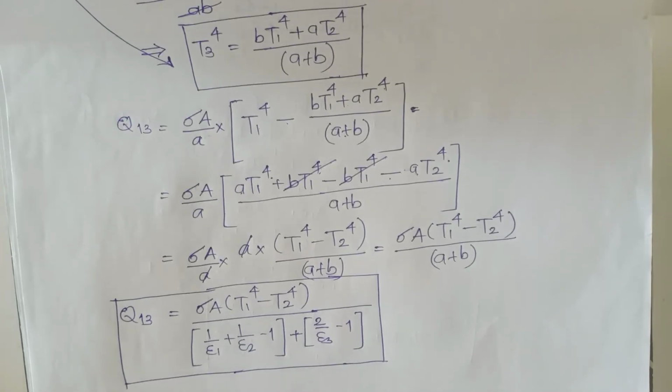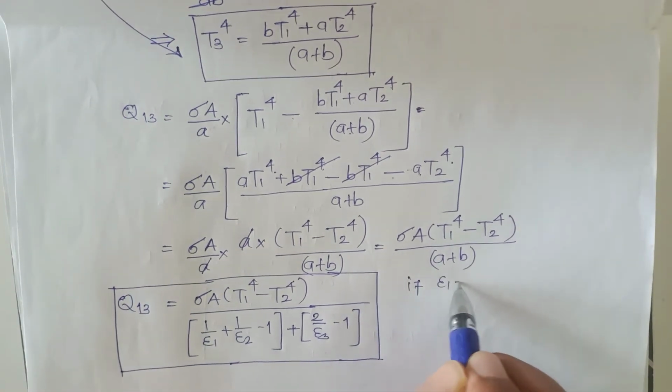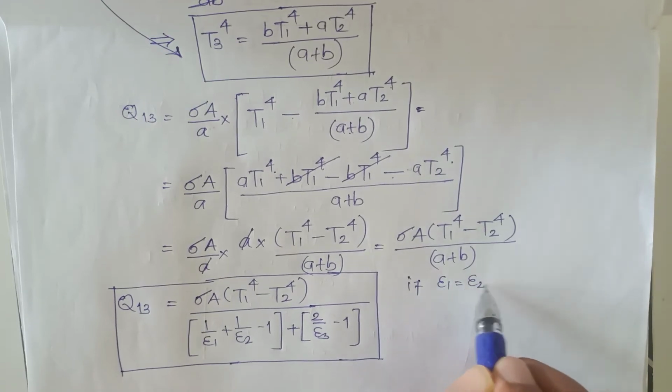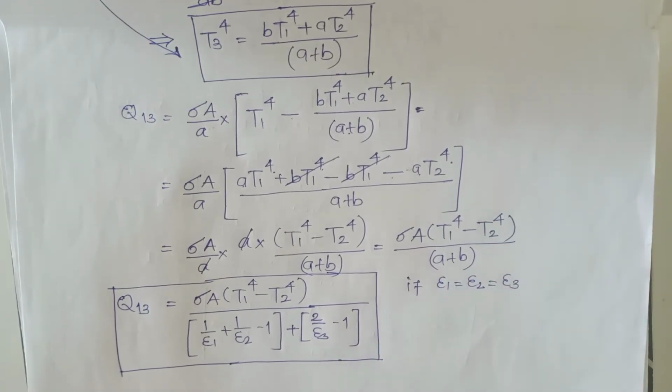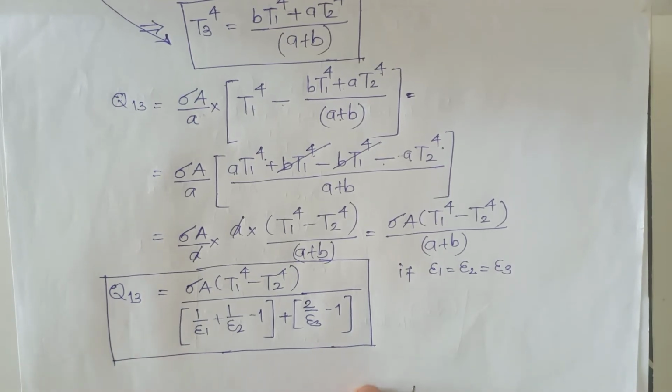Alright, now also we draw some conclusion out of this expression. What are the conclusions? Let us say if emissivity of the first surface is equal to emissivity of the second surface is equal to emissivity of the third surface, all the emissivities are equal, then at that point what will happen?